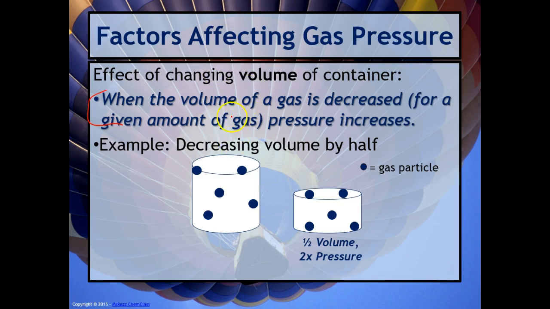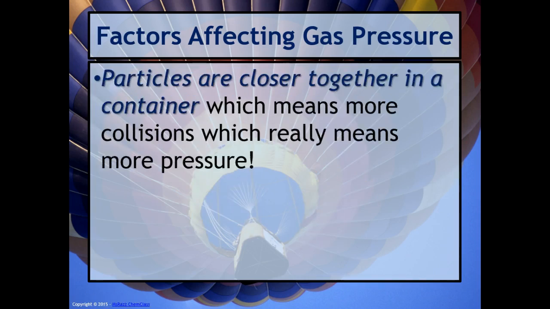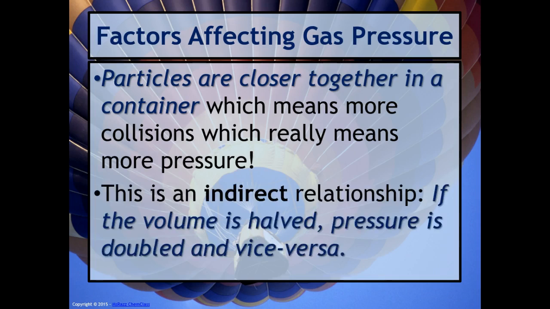You get more room, less pressure. Less room, more pressure. Particles are closer together in a container, which means more collisions and more pressure. This is called an indirect relationship, or sometimes we'll call it inverse proportion. If the volume is cut in half, the pressure is doubled, and vice versa. Basically, as one goes up, the other goes down.